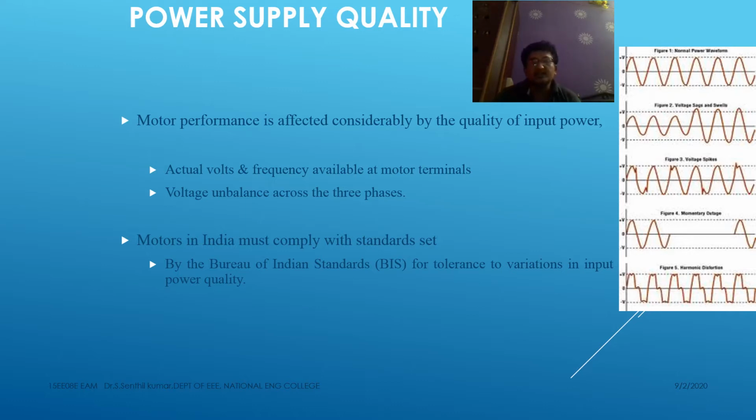If the input voltage is not properly connected, or the full voltage is not obtained at the motor terminal, for example, if it is a single phase motor, the 230 supply should be obtained at the motor, and then only it gives full efficiency.